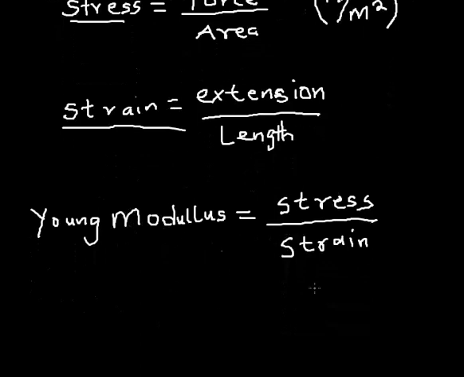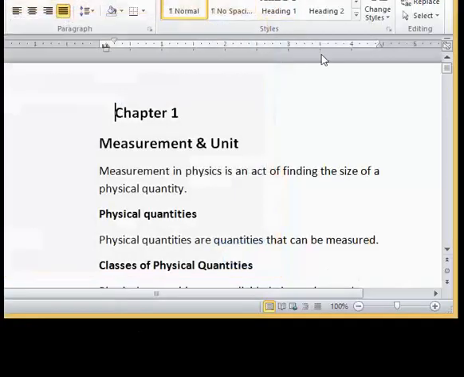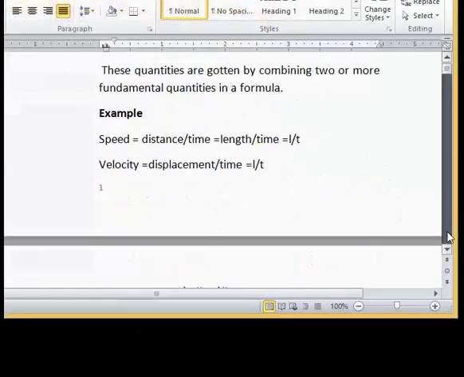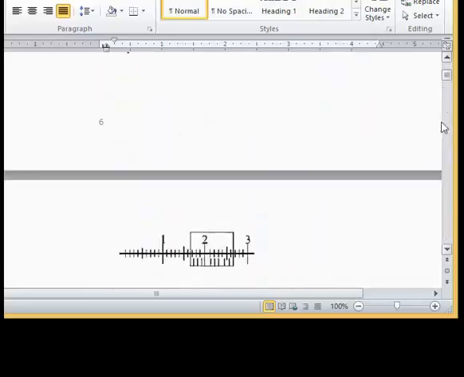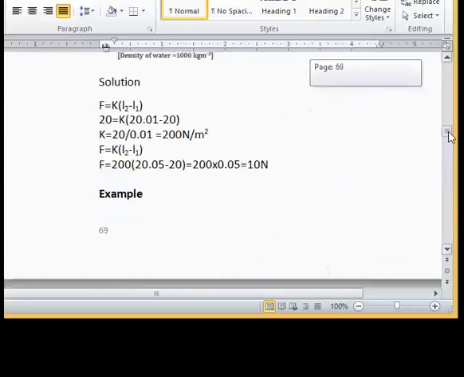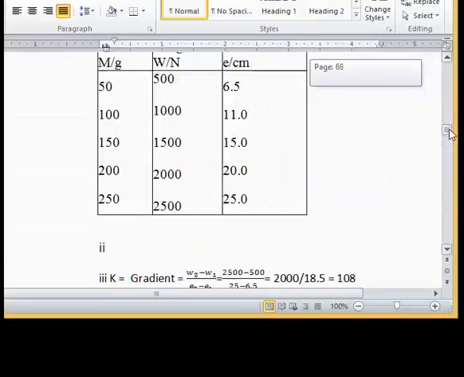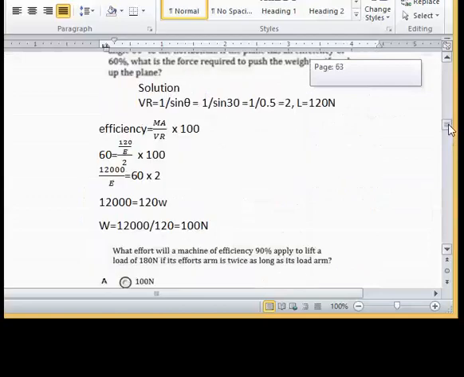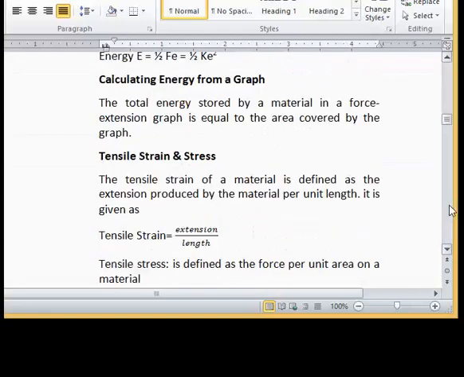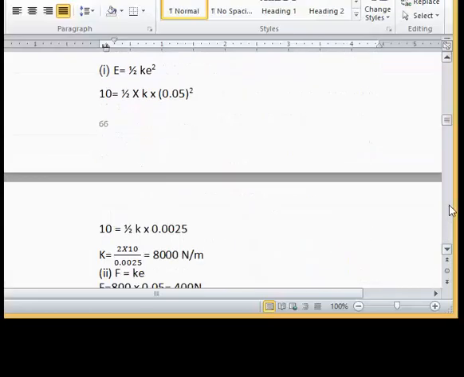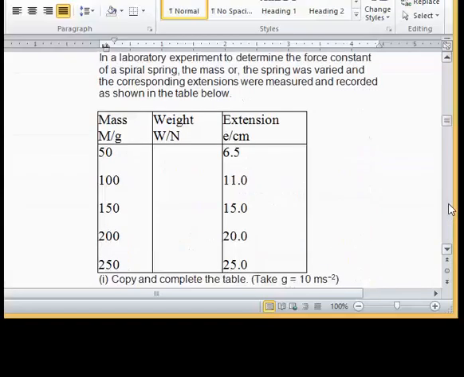I've given you the vital formula in this particular topic, so we need to solve questions. So I have to get to a place where we have an elasticity question so that we can solve questions in elasticity. I'm almost there.